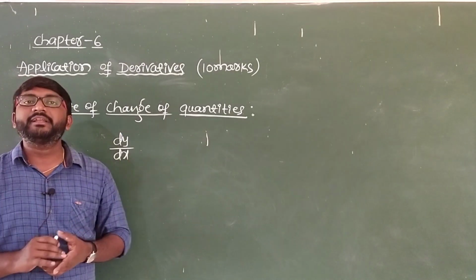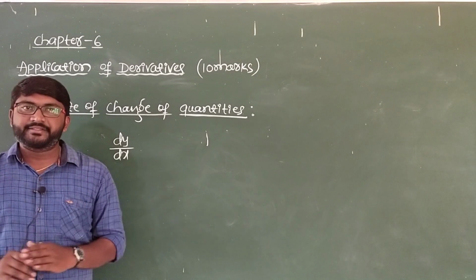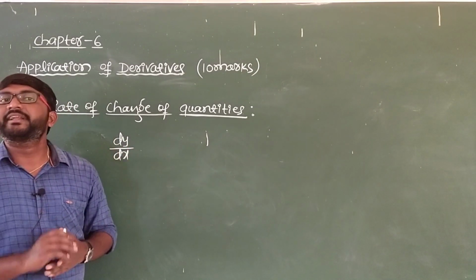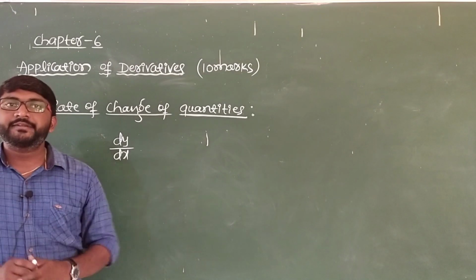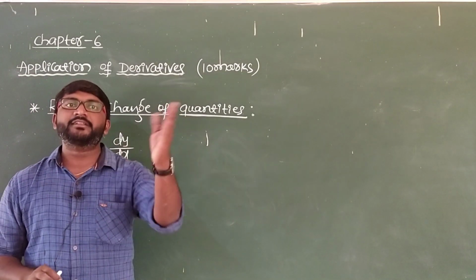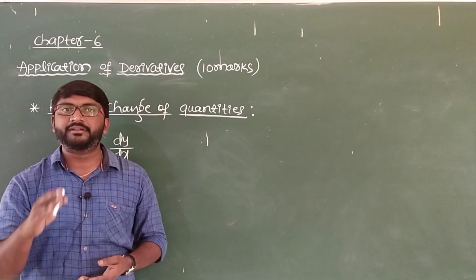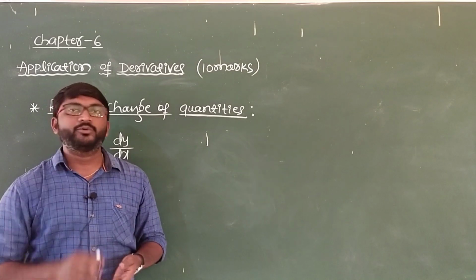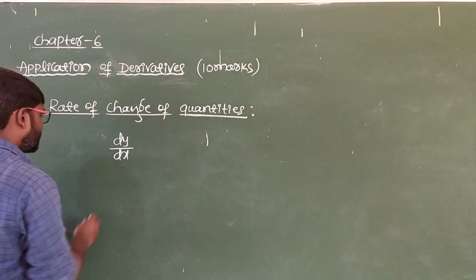So that is the meaning of dy by dx. Here only one variable or one quantity is varying with respect to another quantity. In case two variables x and y are varying with respect to another variable or another parameter, that is t, in that case we make use of chain rule to get the rate of change of quantities.